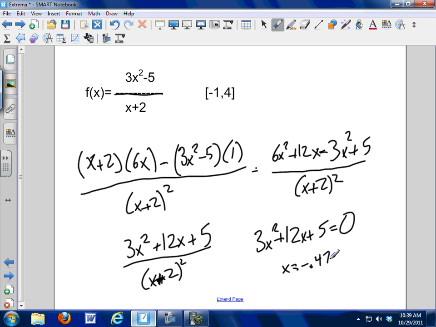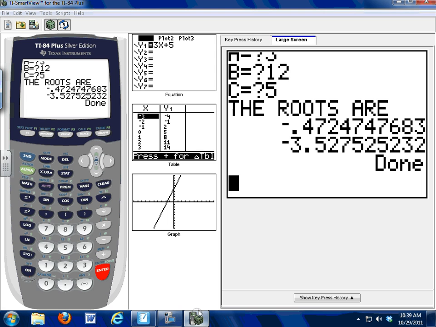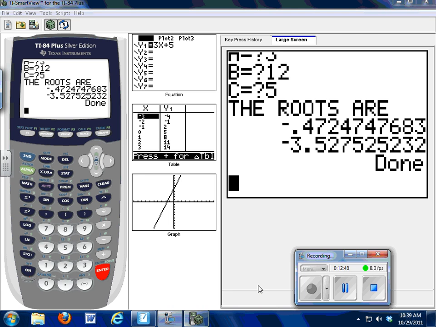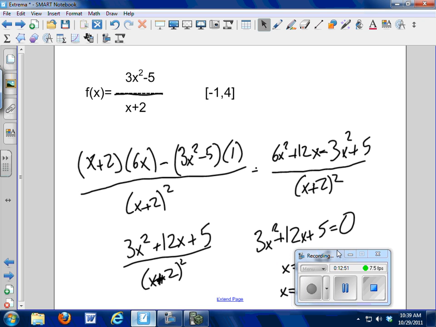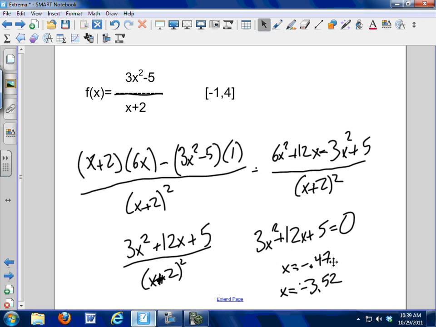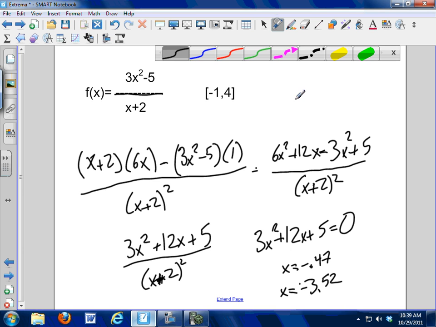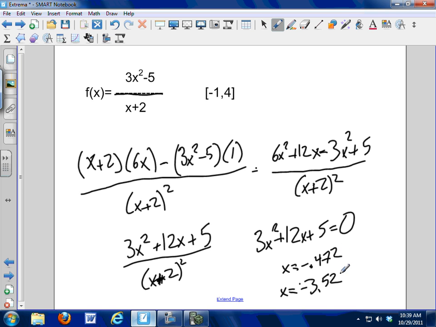I should have another number after that, and x equals -3.52. See if I can see those. 3.527472. Good Lord, some technical difficulties. That was a 7, right?